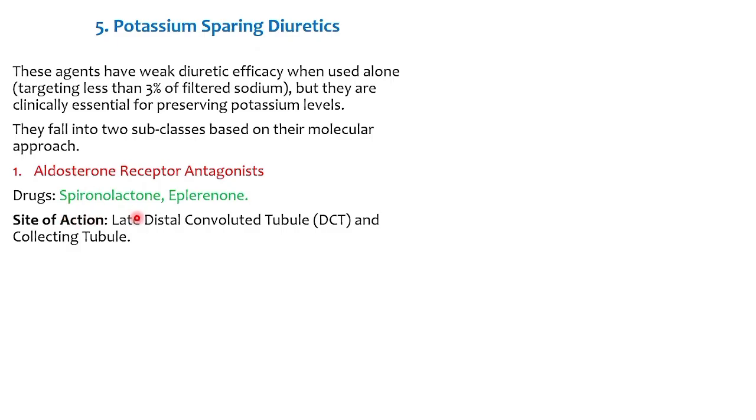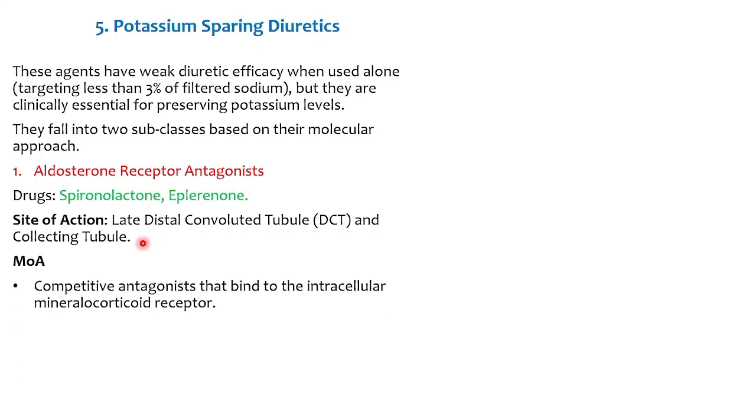So they act on the late distal convoluted tubule or the collecting duct. Those are the two key areas on which these drugs act. As for the mechanism of action, they're competitive antagonists that bind to the intracellular mineralocorticoid receptor.